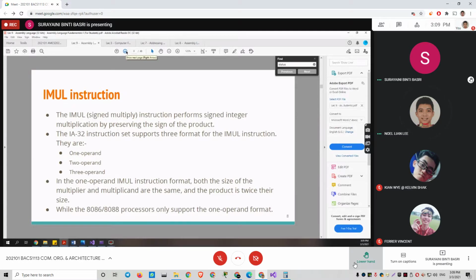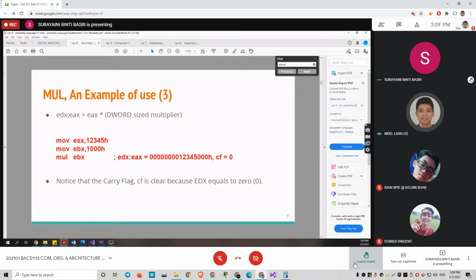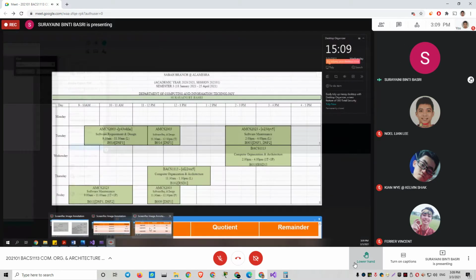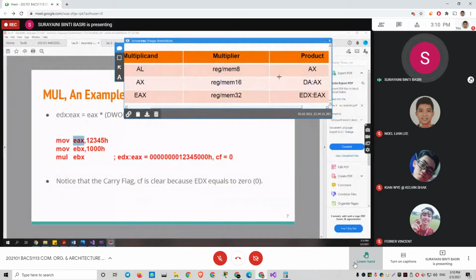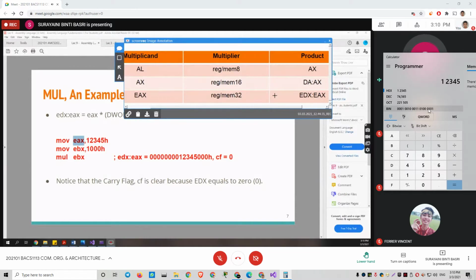EAX only can hold up to 32 bits. So that's why, like I said previously, when we do 32-bit multiplication, it will be stored in the registers EAX and EDX.